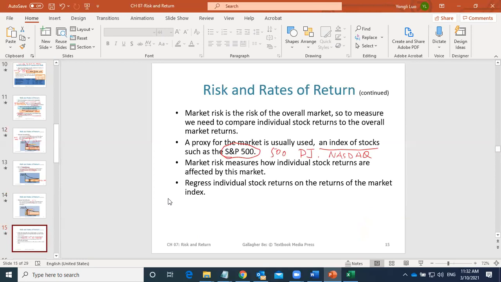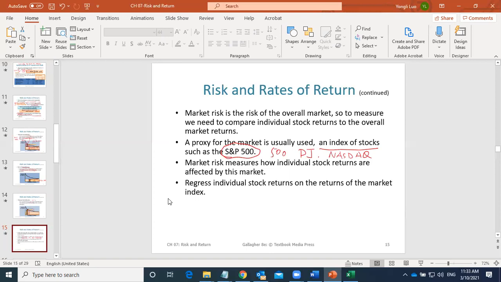Okay, so how do you know the market risk? Because this is in general, right? Basically, the market return, market risk, and what you can look at is the index. The index of stocks, let's say S&P 500.